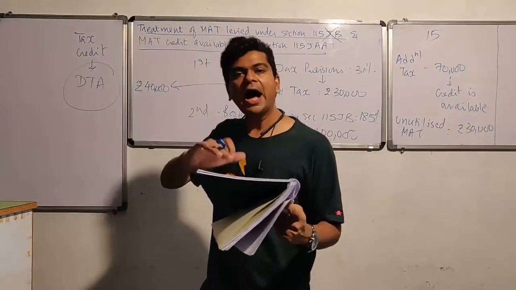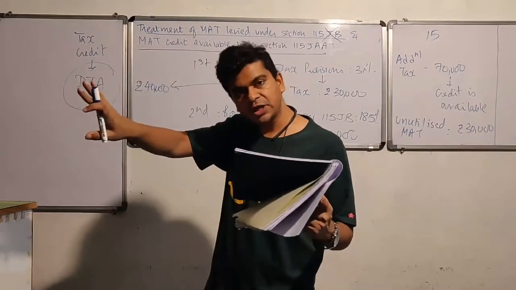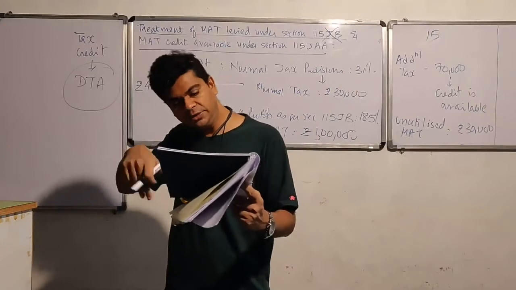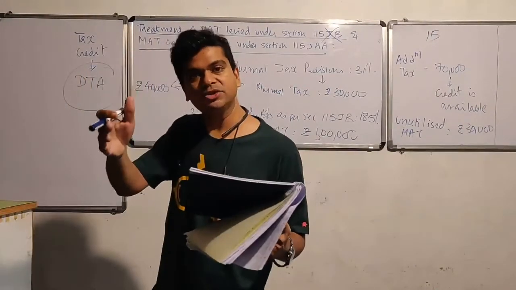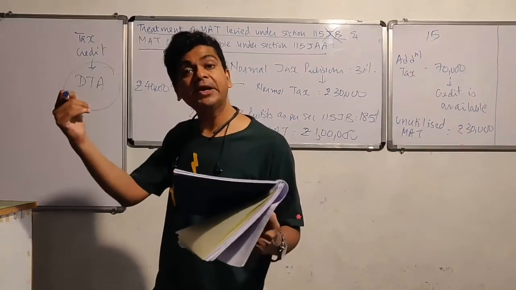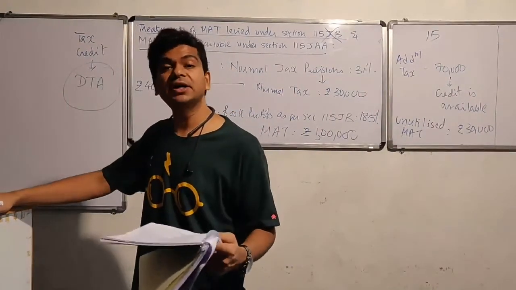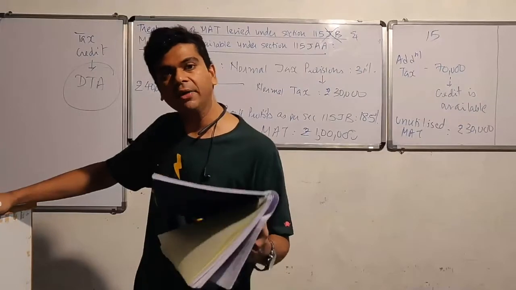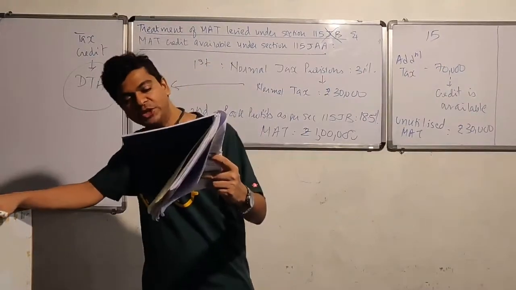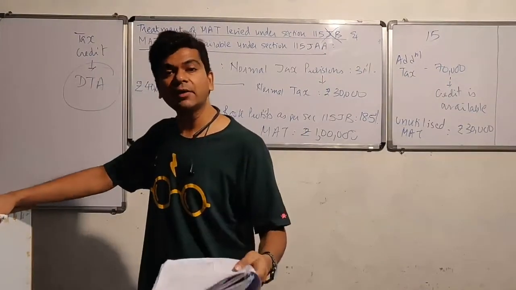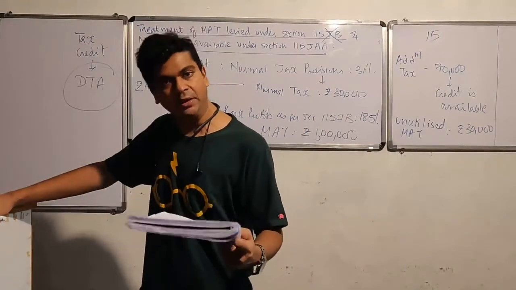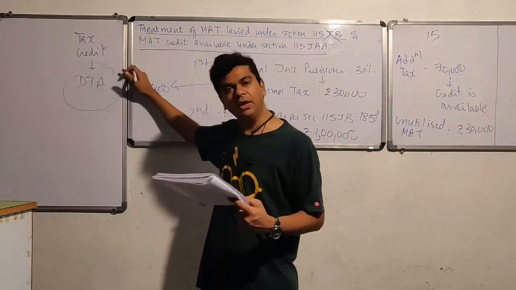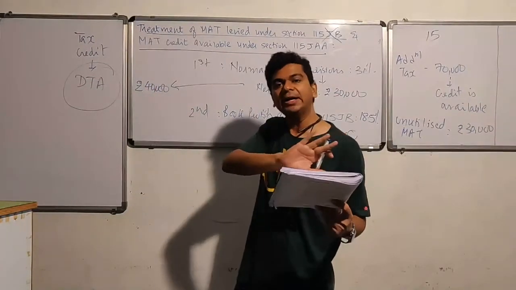When you are following Indian GAAP, meaning the regular accounting standards, you have to follow Accounting Standard 22. Under AS 22, the MAT credit available is not considered as a DTA. It is considered as a current asset. So that's the reason they are saying that they are presenting it as a current asset. But when you are following Ind AS 12, it is clear. Any tax credit that is available is nothing but a deferred tax asset.